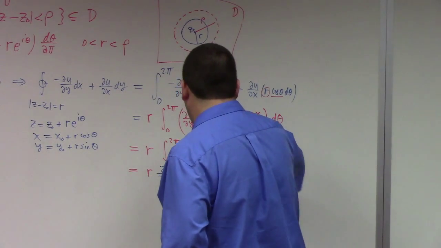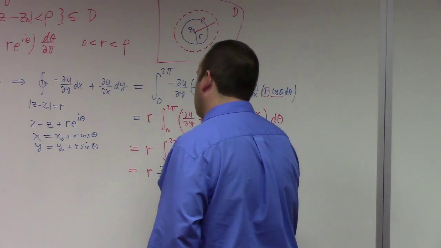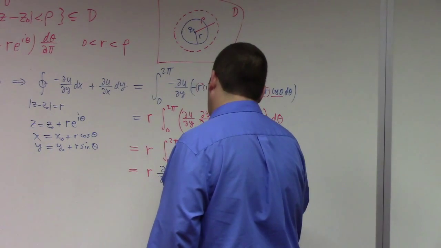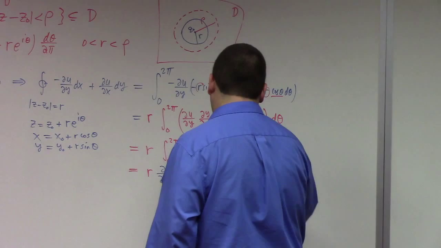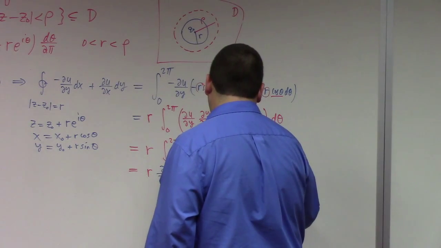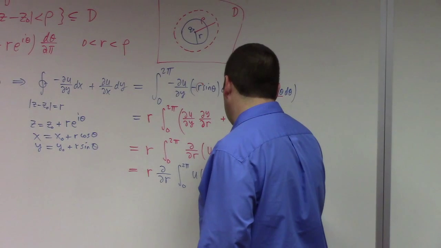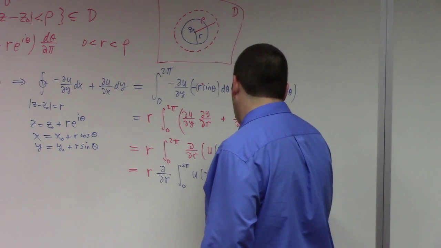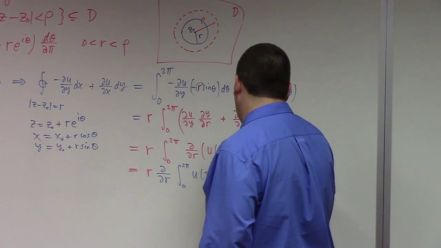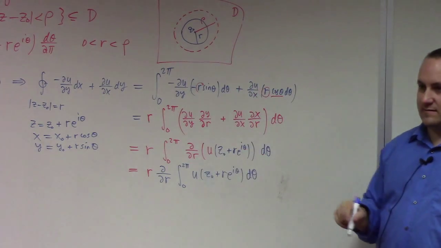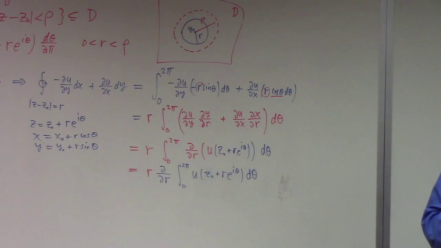And to be more specific, this is u of z naught plus r e to the i theta, to be explicit. That was the dependence. This is u of z naught plus r e to the i theta in the step before. The derivative of this gives you that with the identifications we've made.